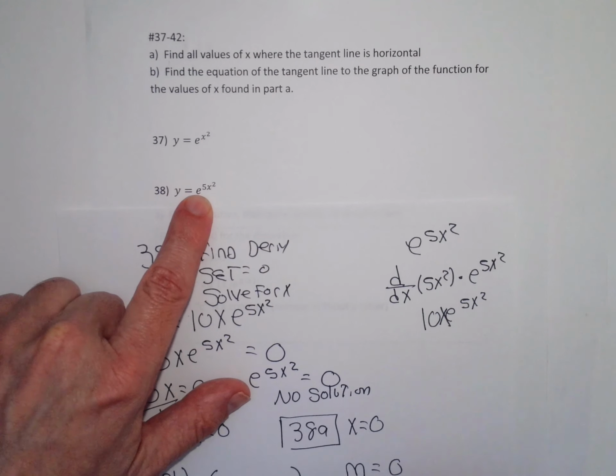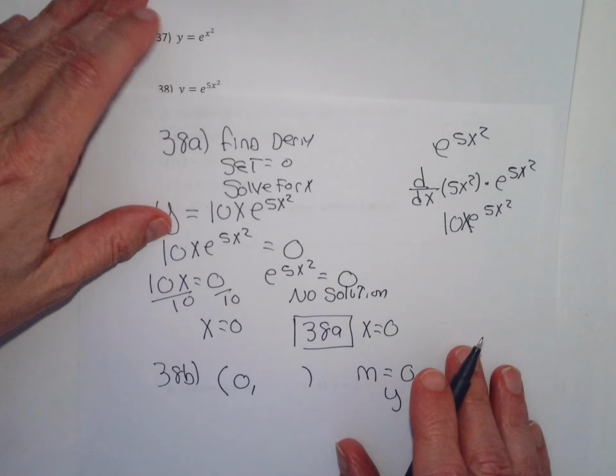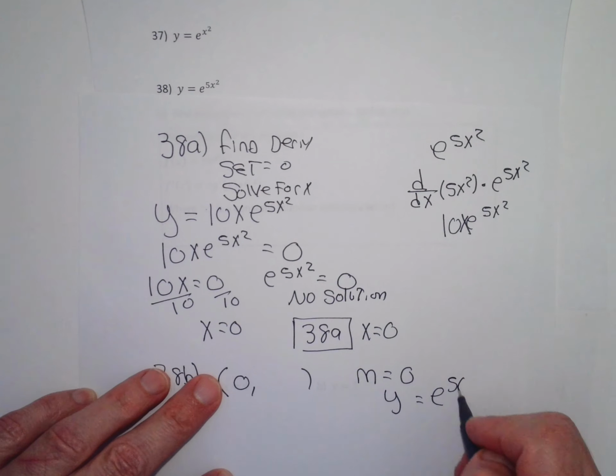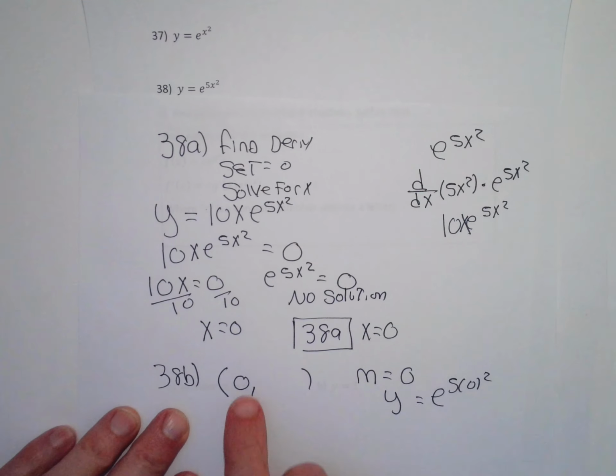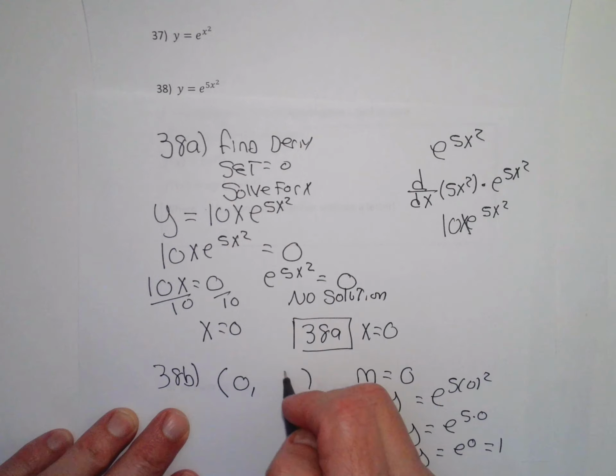So my y is going to be e to the 5 times 0 squared power. I take the value of x from part A and plug it into the function. This is going to give me y equals e to the 5 times 0 power. This gives me y equals e to the 0 power, and I know that that's equal to 1.